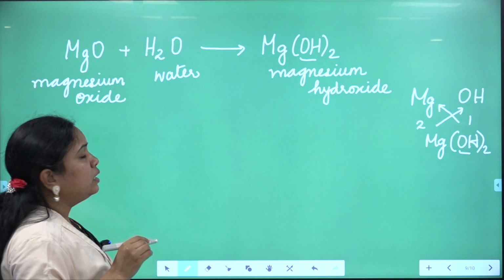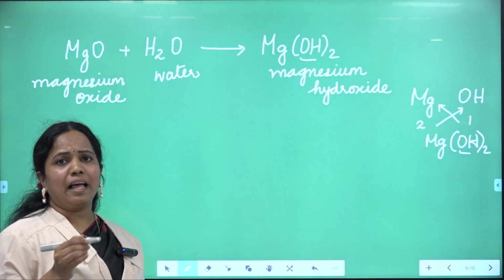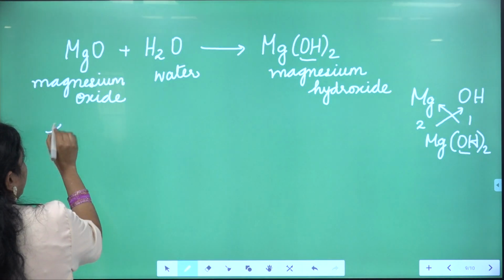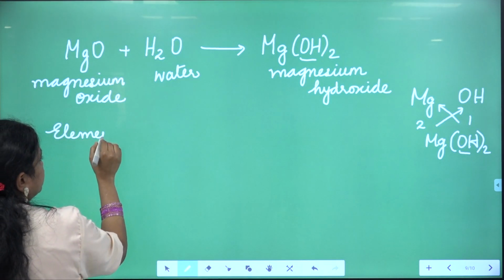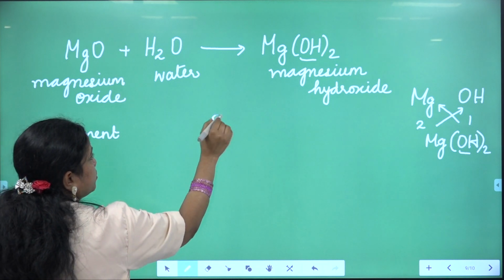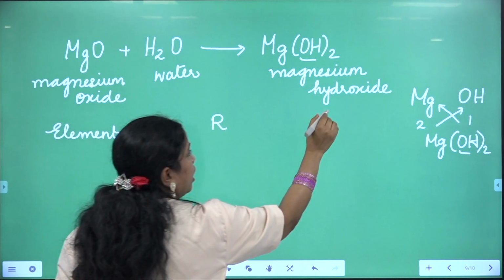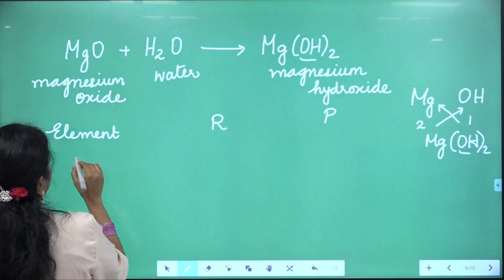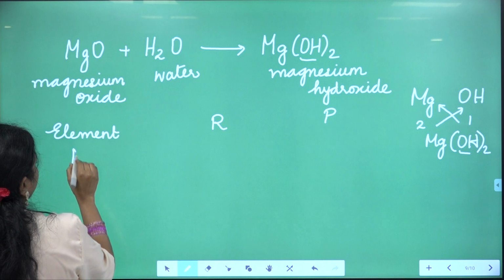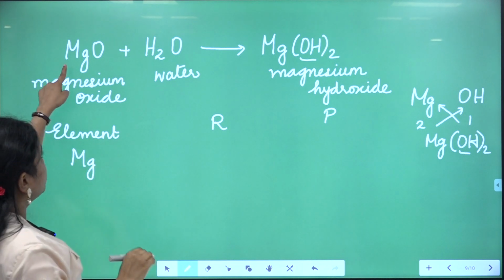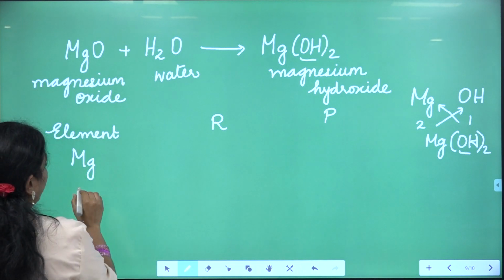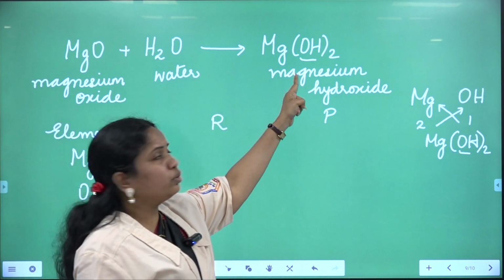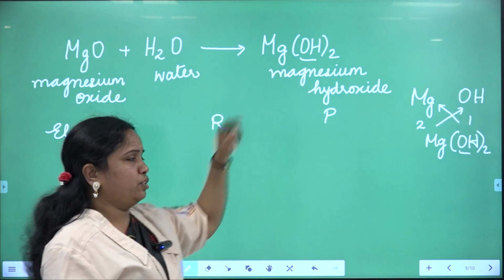Now we will check whether the equation is balanced or not. For that, what we need to do, children? We write the elements, the number of atoms in the reactant side and the number of atoms in the product side. The elements we have are Mg, oxygen and hydrogen, and in the product side also we have Mg, oxygen and hydrogen.